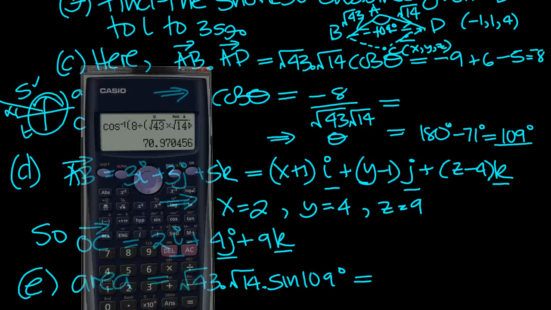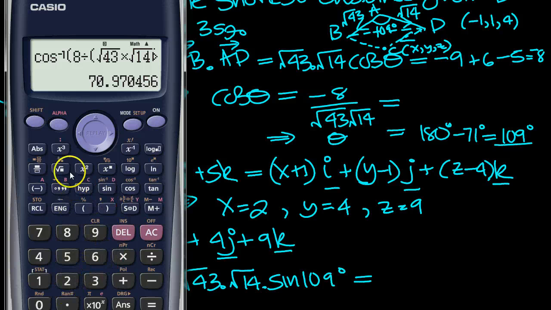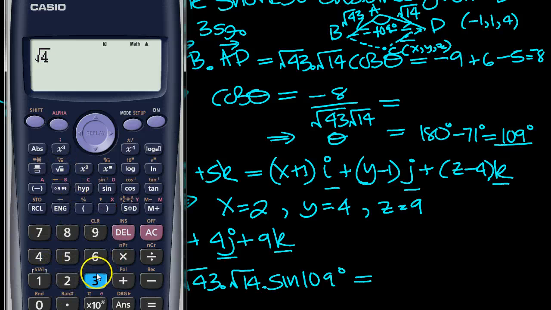So let's tap that in. We want it to 3 significant figures. Square root 43 times the square root of 14 times the sine of 109. And I'm still inside the square root all the way through, actually.